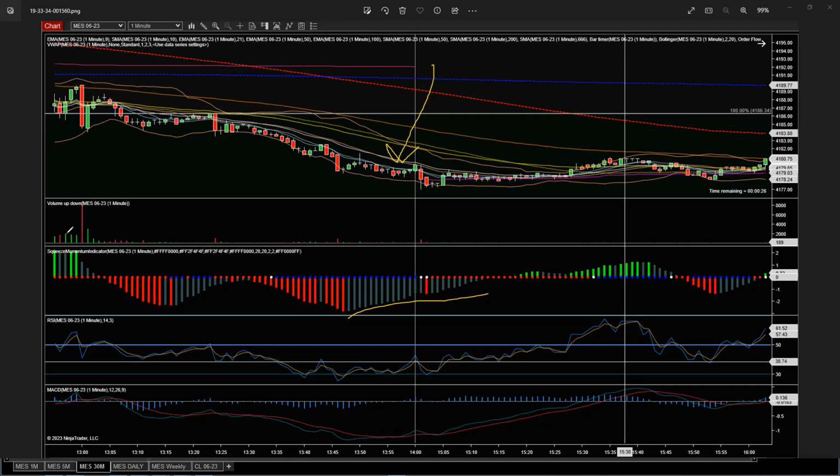Like for instance, we'll take this little screenshot right here. Usually you'll see big bar, big bar, big bar, and then you'll see two little bars, like three times less the amount of the average bars before, and then you see a big squeeze. When you see those little bars, you'll be like, oh shoot, something's coming.